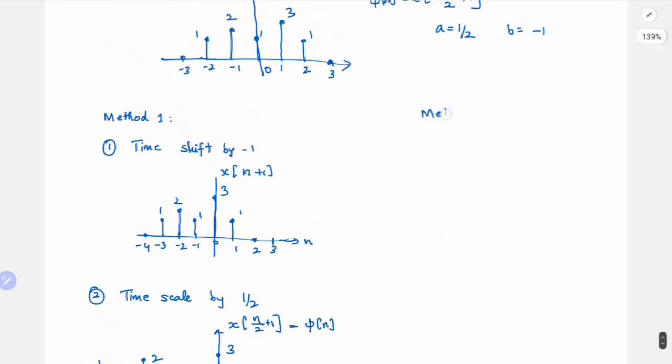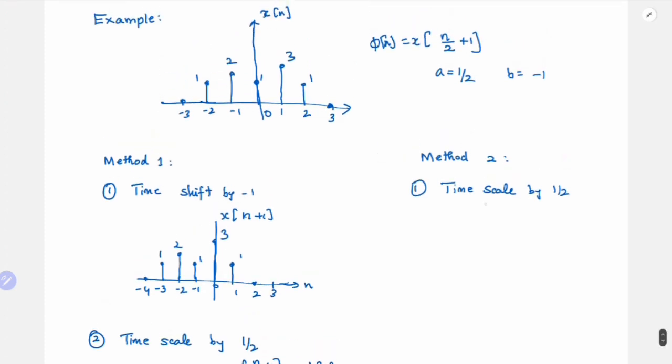So then in my method 2, what do I have? I first time scale by half. So I just take x of n. If I time scale, 0, 1, 2, 3, 4, 5, minus 1, minus 2, minus 3, minus 4, minus 5.